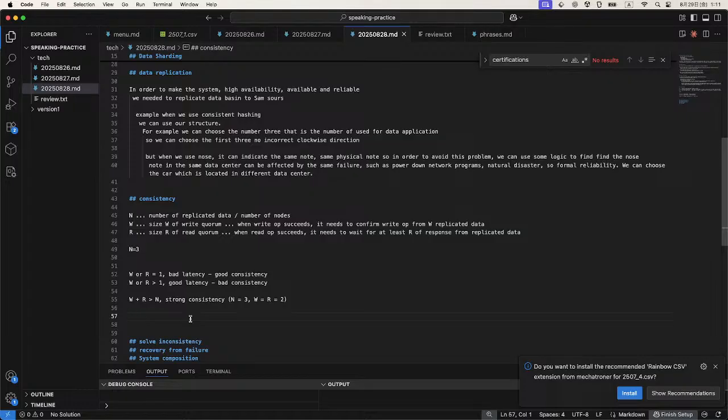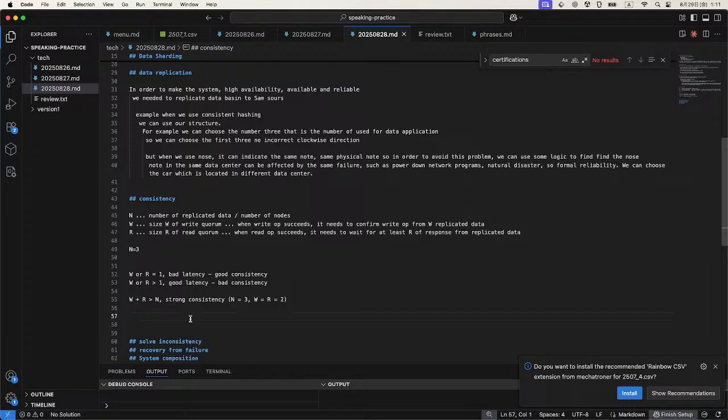Okay. Let's talk about the consistency model. A consistency model defines the consistency of data, and there are a lot of consistency models.